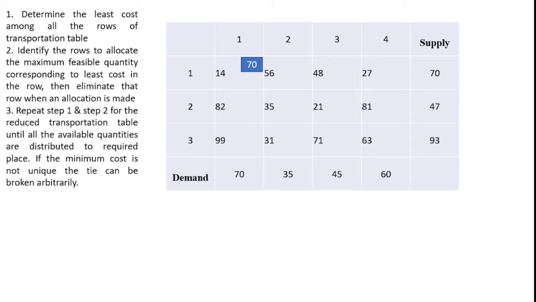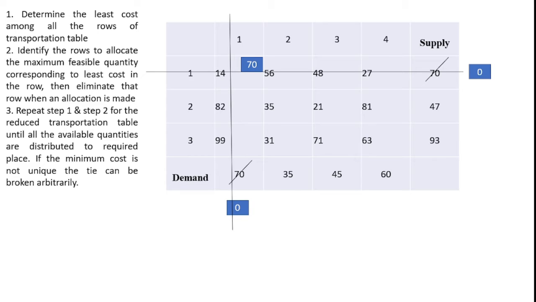According to this allocation, in the supply column the 70 is converted into 0, and in the first row also 70 is converted into 0. After that, the column and row are eliminated from the transportation table with cross lines.